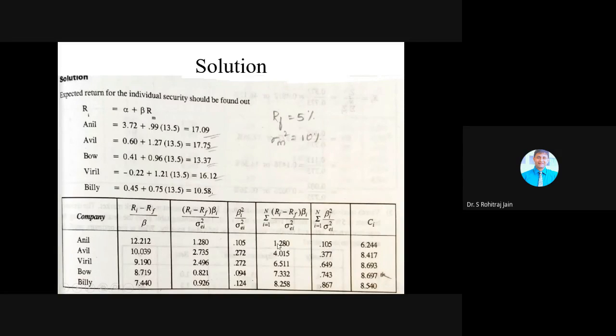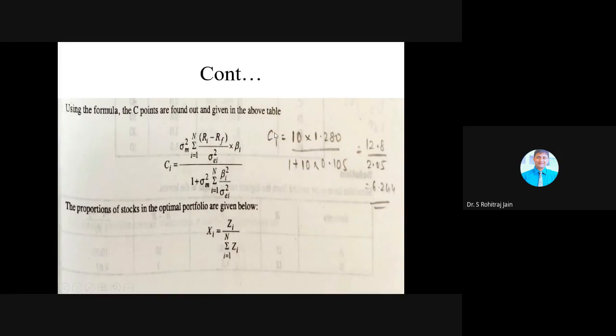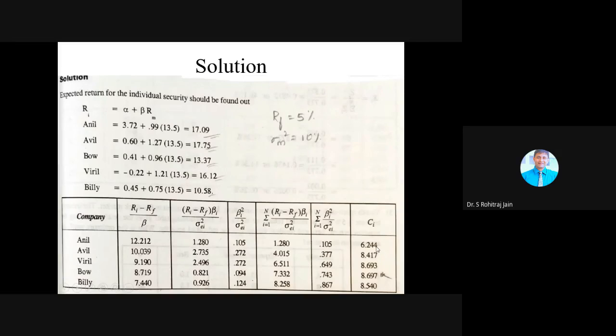Okay, so these two values I am taking here in the formula. For the first stock, 10 multiplied by 1.280 divided by 1 plus 10 into 0.105. So I get the value 12.8 divided by 2.05, which is equal to 6.244. See here the first value.